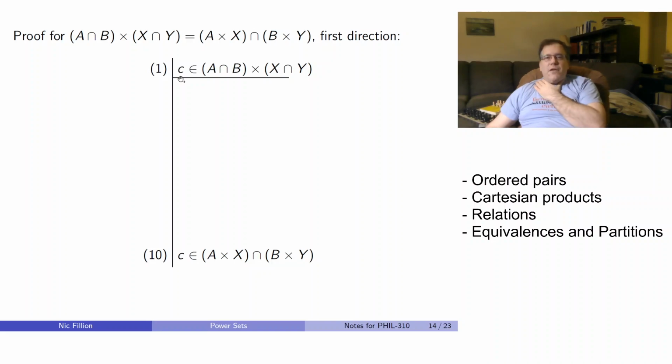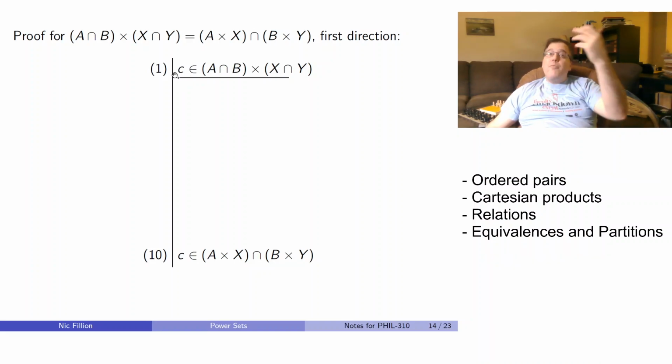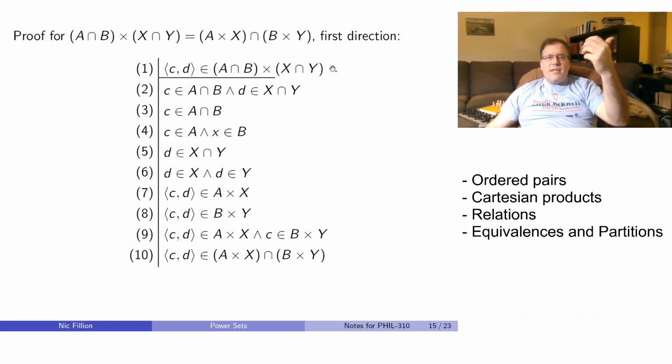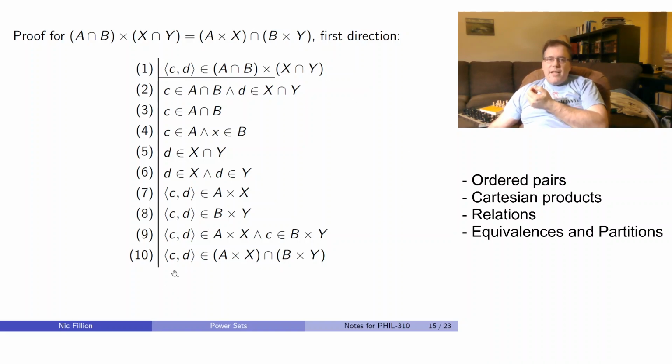So instead of supposing that C is in that set, I suggest that you write explicitly the arbitrary object as being an arbitrary ordered pair. That's what we get if we do that. We suppose the arbitrary pair of objects CD is in that Cartesian product, and then lower on line 10, we conclude that this arbitrary pair of objects is in the intersection of two Cartesian products.